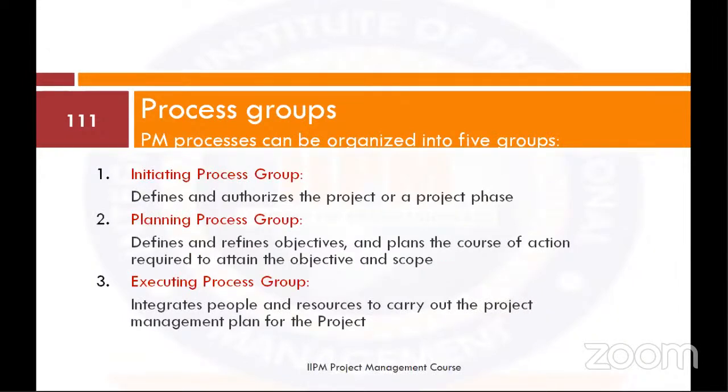Now, for the process groups, we have 5 process groups. We have the initiating process group, which defines and authorizes the project or a project phase. Then we have the planning process group, which defines and refines objectives and plans the course of action required to attain the objective and scope. Then we have the executing process group, which integrates people and resources to carry out the project management plan for the project.